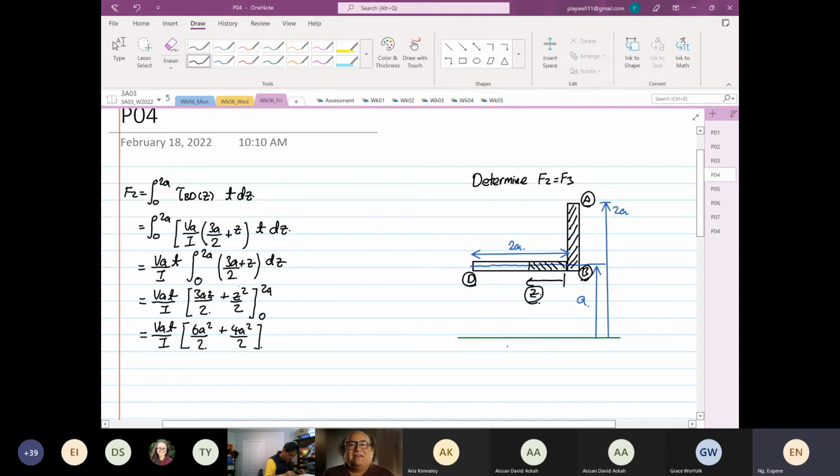So 3A divided by 2, 3AZ divided by 2, substitute in. Okay. So this will be equal to VAT over I, and you have 3a squared plus 2a squared. So this is equal to VAT over I, and then you multiply by 5a squared.